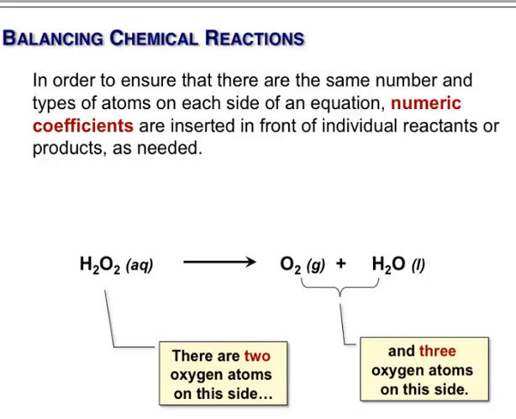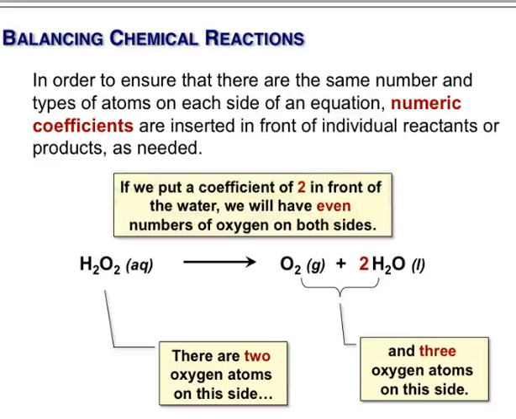The first thing that I do is I look and I say, is there something simple I can do to make it even on both sides? Well, if we put a coefficient here in front of our water, where we only have one oxygen, now we have 2 oxygens on this side and 2 on this side, but they're both even. So we start off just by sticking in our coefficient 2 to make our oxygens both even on both sides.